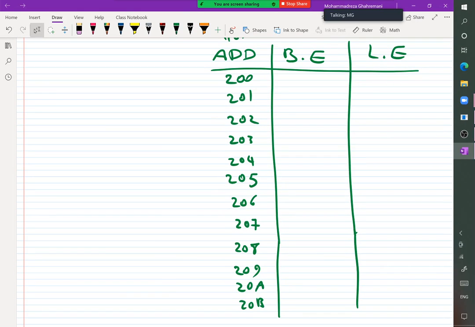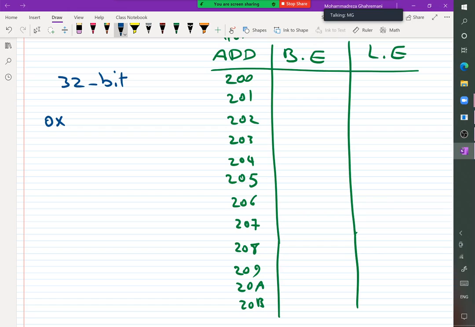Let's say we have this memory, and we have a computer using 32-bit integers. So each number is 32 bits. We want to store two different values in this memory, in the Big Endian method and the Little Endian method. What are those numbers?